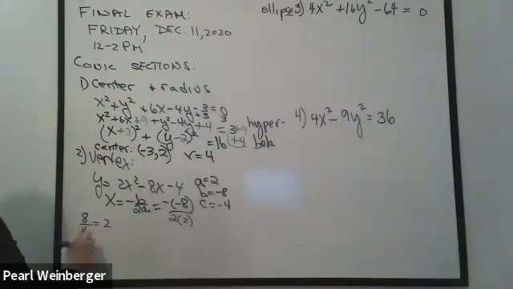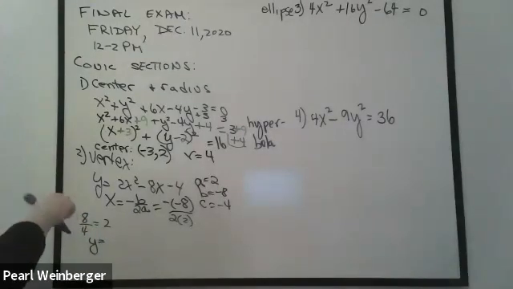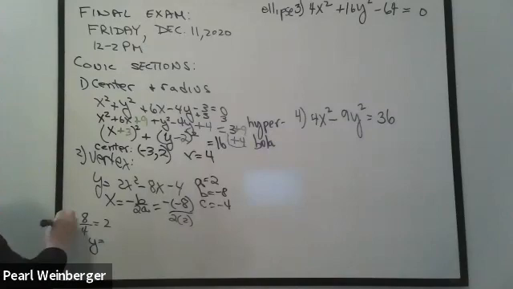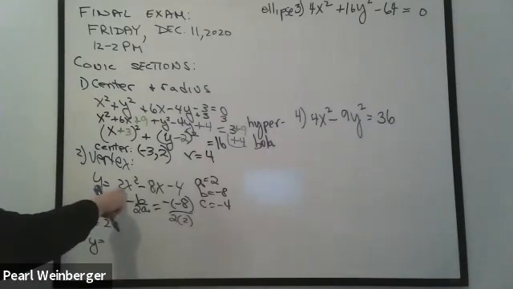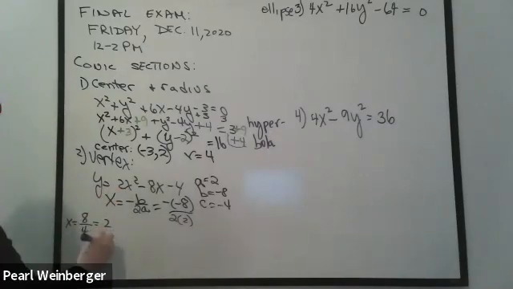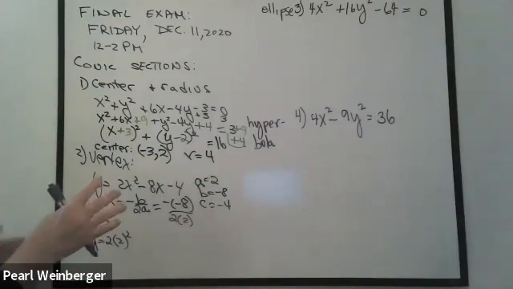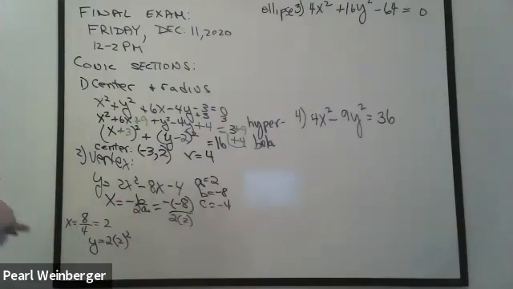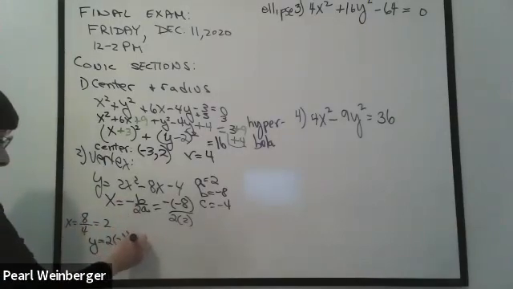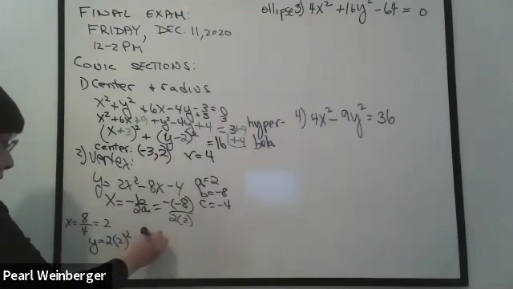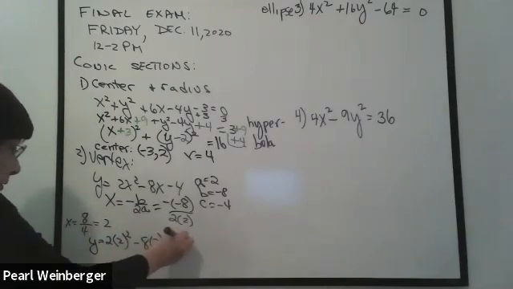To find the y of the vertex, I simply substitute the x, 2, into the original equation. So this is going to become 2 times 2 squared. And of course, you can just do this with your calculator if you want, but don't forget your parentheses. 2 times 2 squared minus 8 times 2 minus 4.